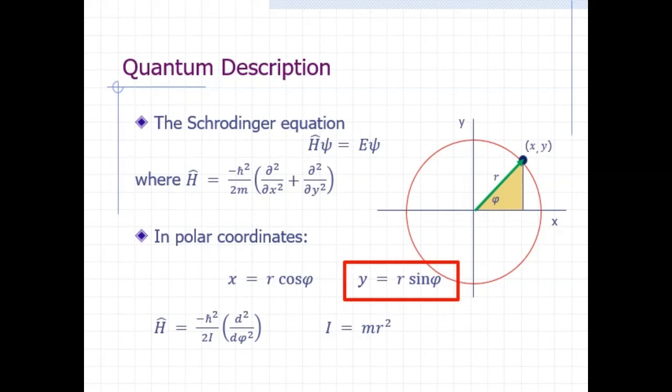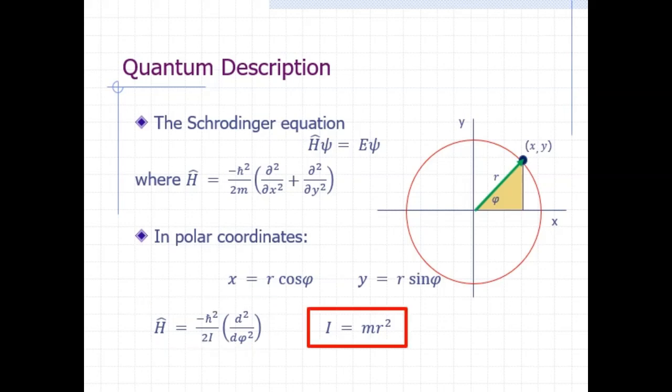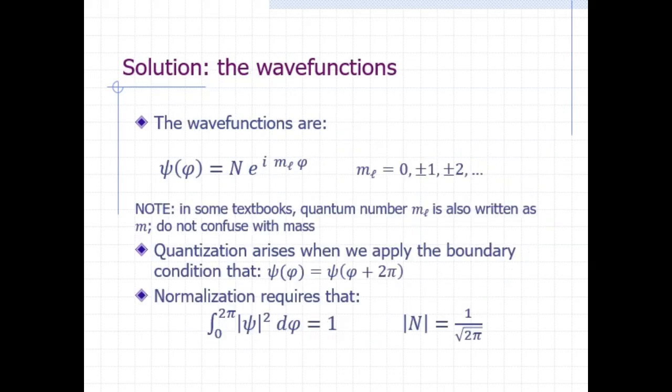The expression for the Hamiltonian operator simplifies to negative h bar squared over 2I times the second derivative with respect to phi. Here, I is the moment of inertia, which is equal to the mass times the square of the radius. The solution to the Schrödinger equation is relatively simple.